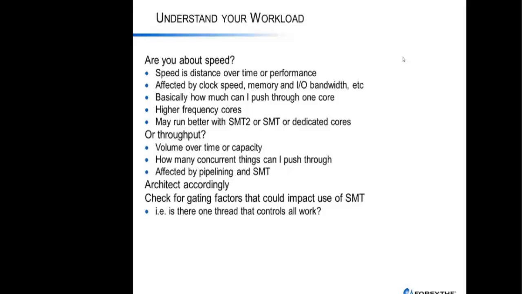So what you really need to do is take a step back, and figure out what kind of workload we are talking about. Is your workload all about speed, or is it all about throughput? Because Power 6 and Power 7, more and more, are all about throughput. When we talk about speed, we're talking about distance over time.